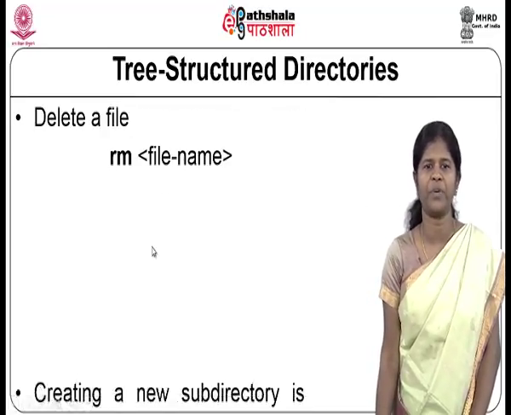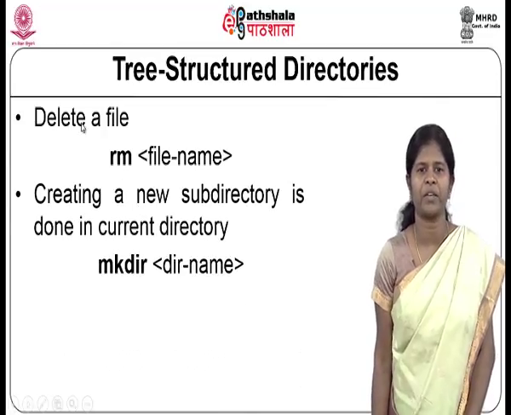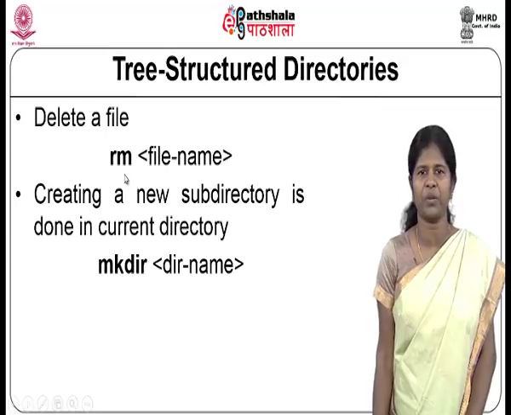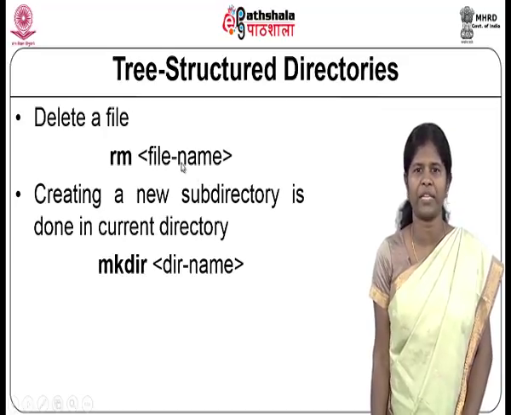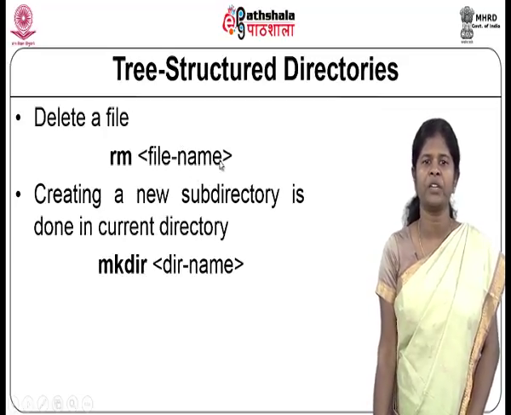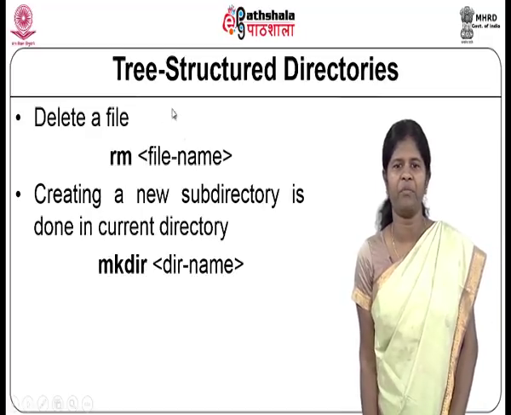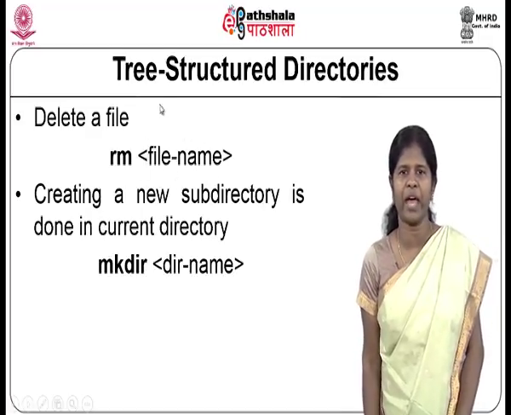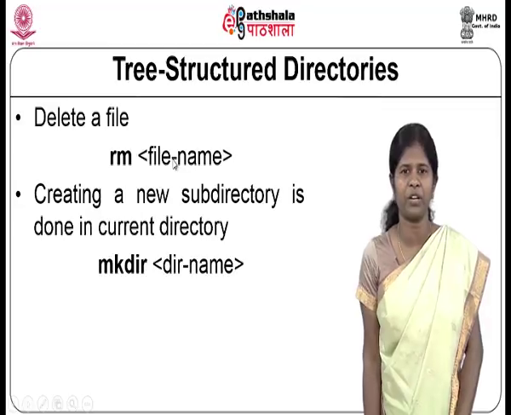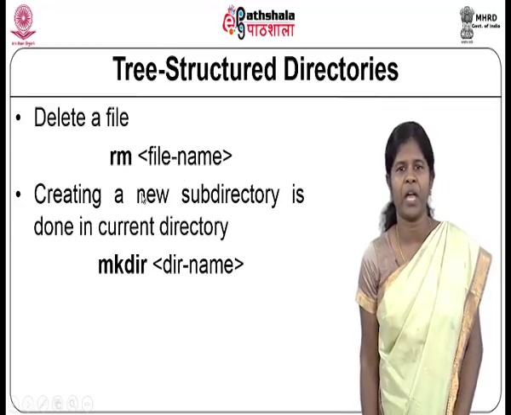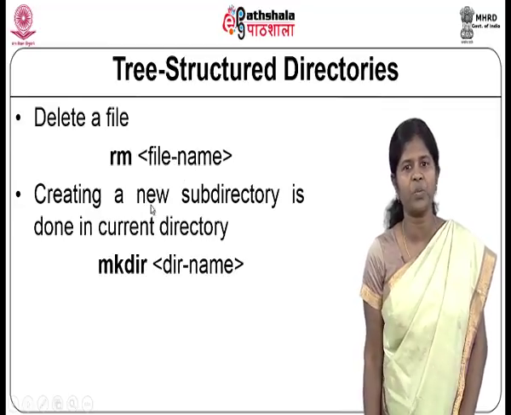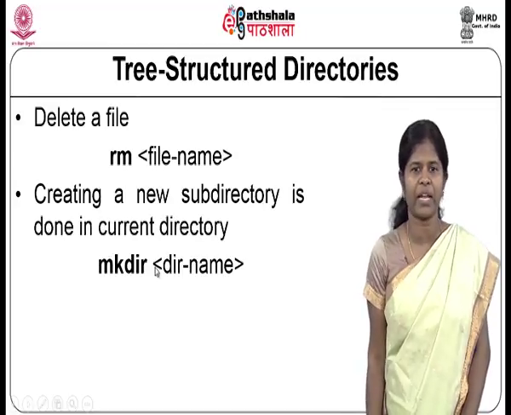Now, what happens when you delete a file? Deleting a file can be done using the rm command in Unix, rm followed by the name of the file to be deleted. Generally this file name will be searched for in the current directory, and you will try to delete the file name from the current directory. And it is also possible to create a new subdirectory in the current directory.